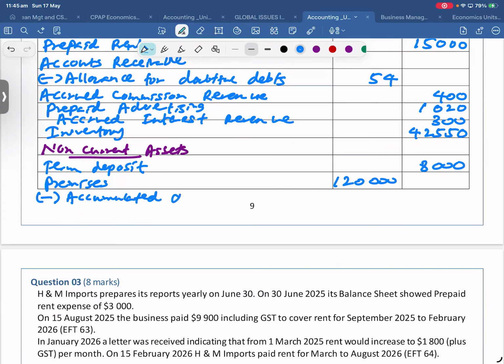How much? 10,500. Yep. And then the net amount is 109,500.